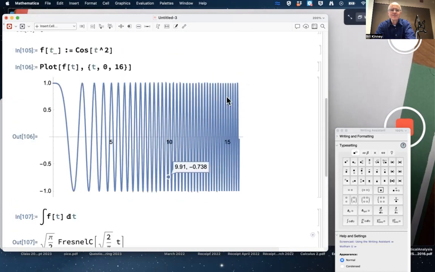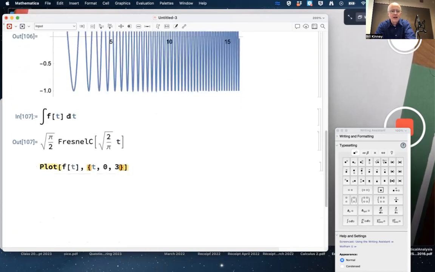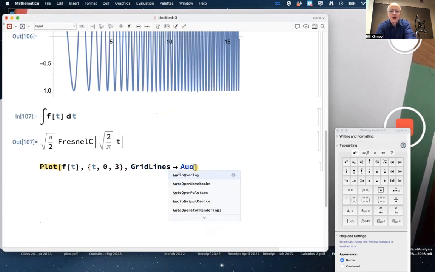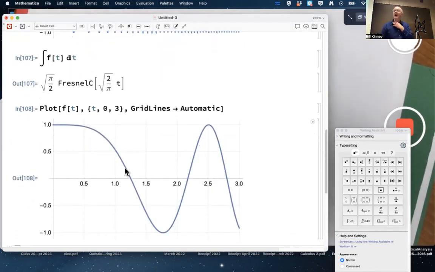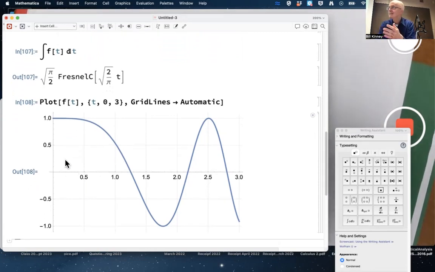In fact, if I plot this on a smaller interval, say, and add some grid lines, I should even be able to visually approximate the value of the integral. Each one of these boxes in this graph paper has an area of 0.5 times 0.5, 0.25, right?